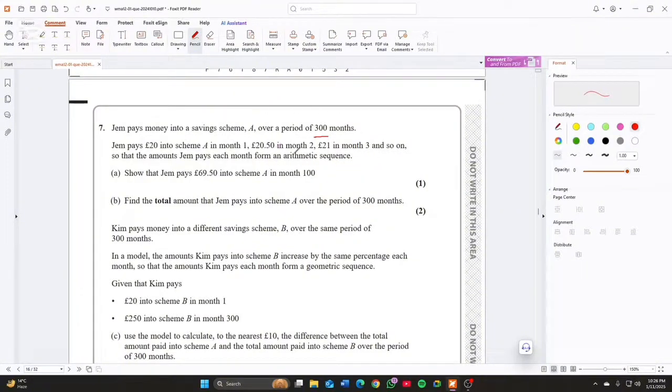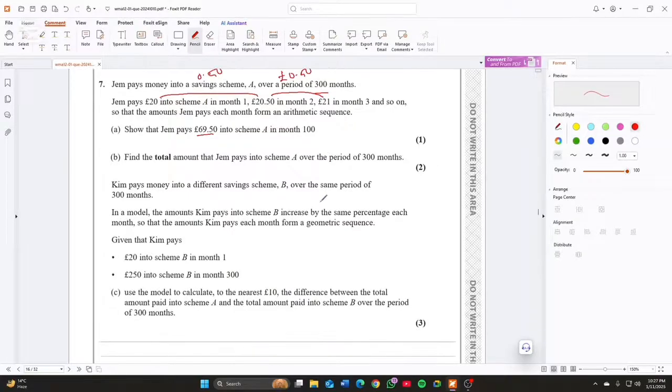So from here we can see that the sequence increases by 50 cents, right? So the increment is always 0.50 pounds. Okay, so we have to show that Jem pays 69.50 into scheme A in month 100. For arithmetic progression, we know the formula for the nth term is a plus n minus 1 times d.